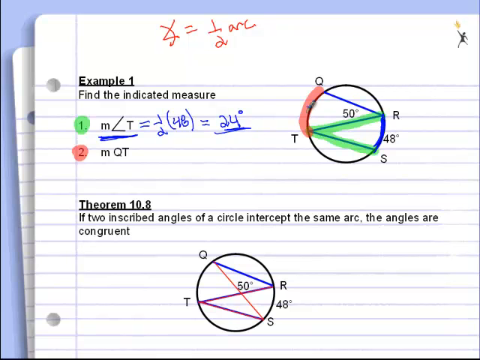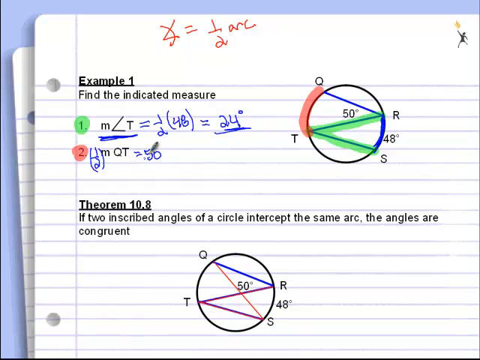Let's look at arc QT. Still, the angle is 1/2 the arc. In this case, we are given the angle, not the arc. So, I'm still going to set this up. 1/2 the arc equals the angle. I'm given the angle. It's 50. And now I want to solve this for QT.